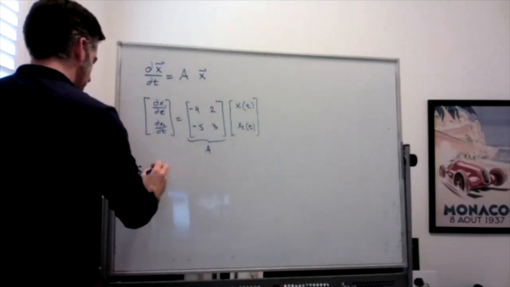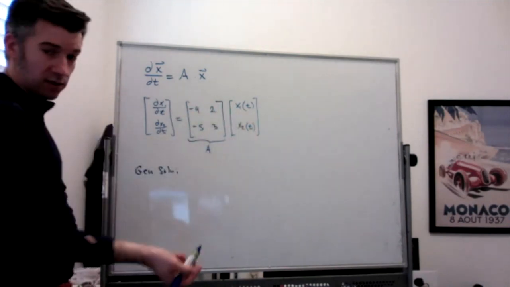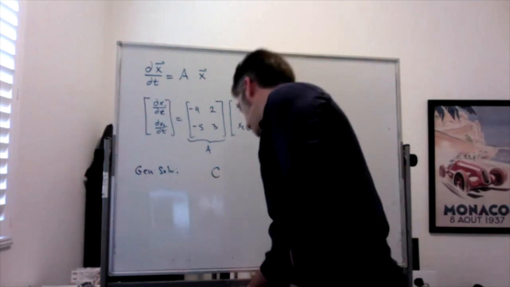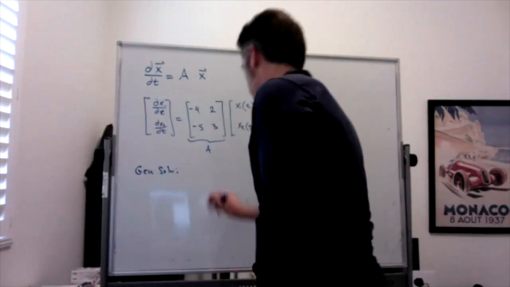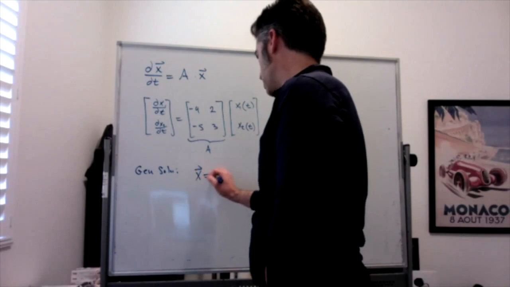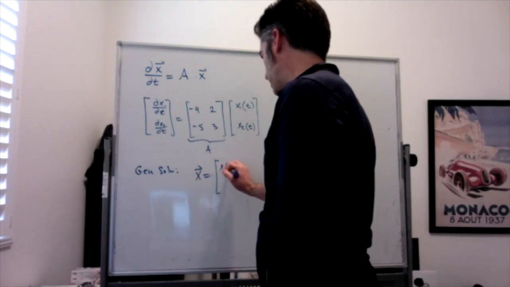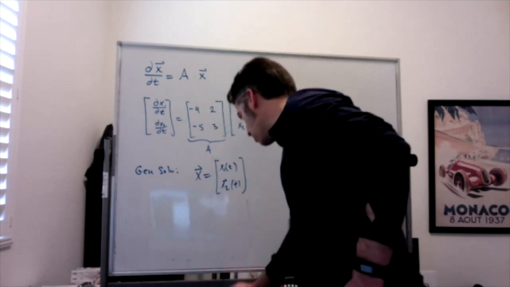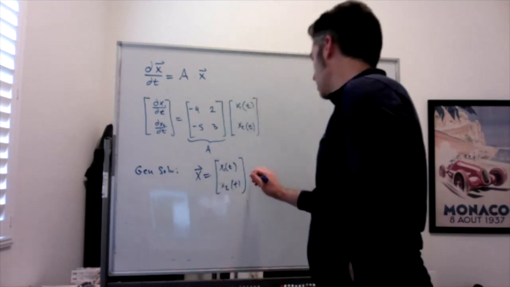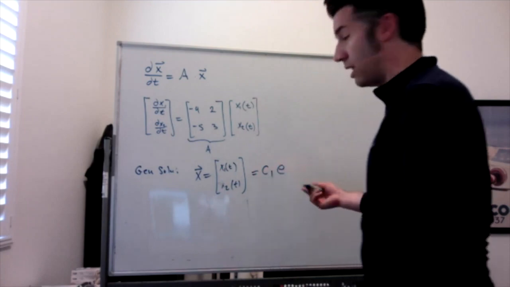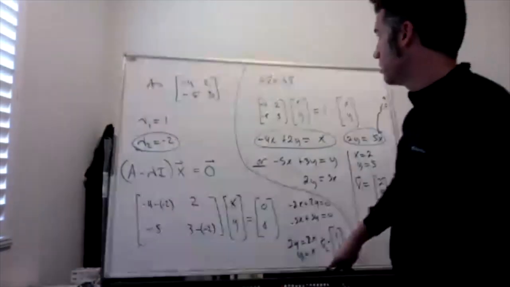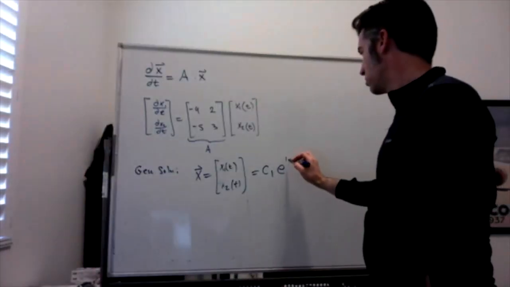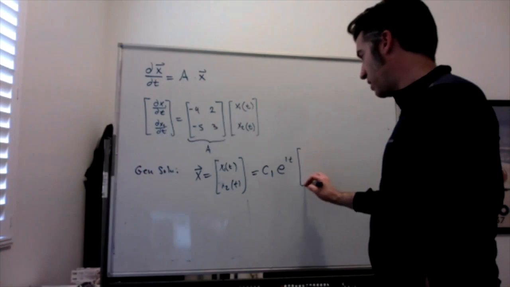The general solution to this linear system of differential equations is, I really should say, x, which is just x1 of t, x2 of t, equal to c1 e to the lambda 1, which was 1, times t, times v1, which was 2, 5.